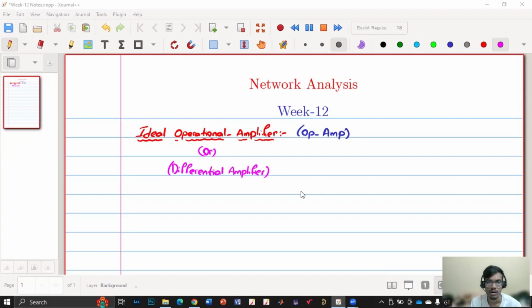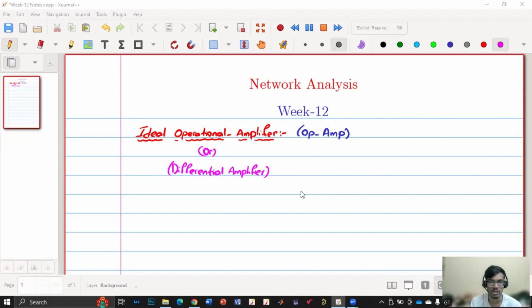One application where we use op-amps is to amplify signals. In the circuits that we work on, there are currents, mainly inductor current, and voltages, like capacitor voltage. The sensed voltage or sensed current may be very small or large, but we want it to be in a certain range. So either we have to amplify it or we have to scale it down. For that application, we use op-amps.